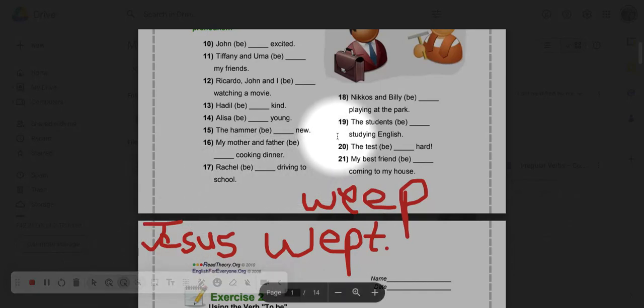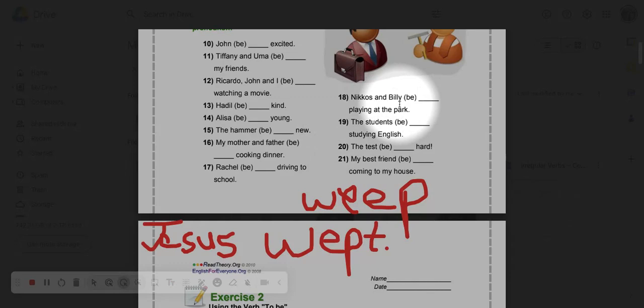So now I'm going to go back to highlight. Okay. Nikos and Billy are playing at the park. I'm sorry, I was thinking about past tense verbs. I was going to say played at the park. But they are playing. Nikos and Billy are playing at the park. Number 19. The students are studying English. They are studying.